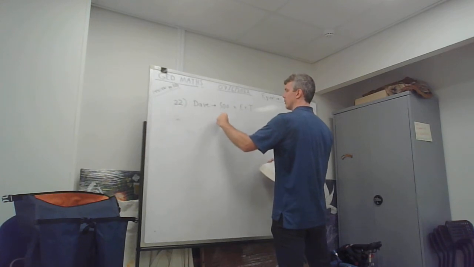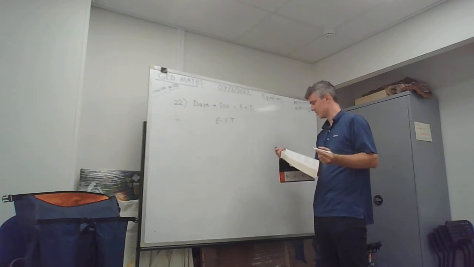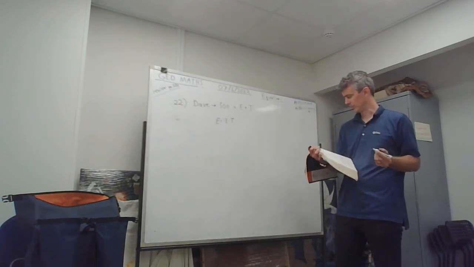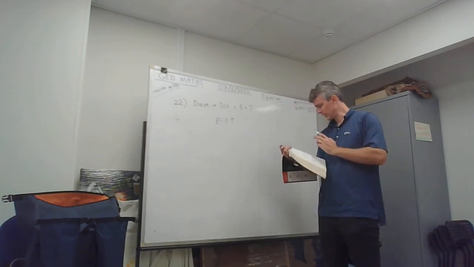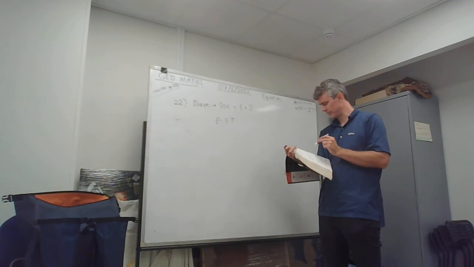So Eric equals 3 times Travis, right? Okay. So here they say, and then they give you this little chart. From the information, you can write the equation 3x plus x equals 500.